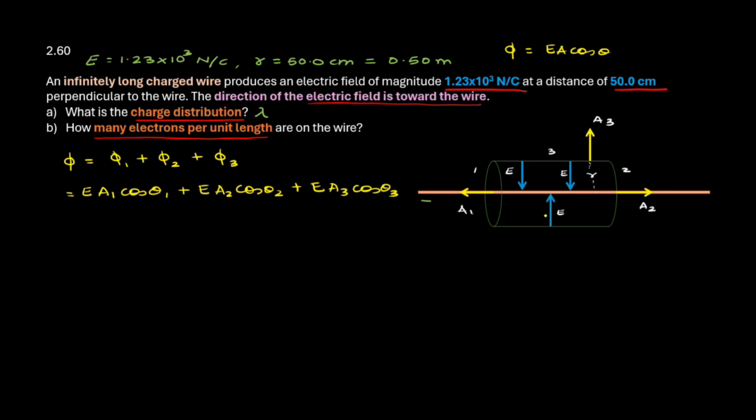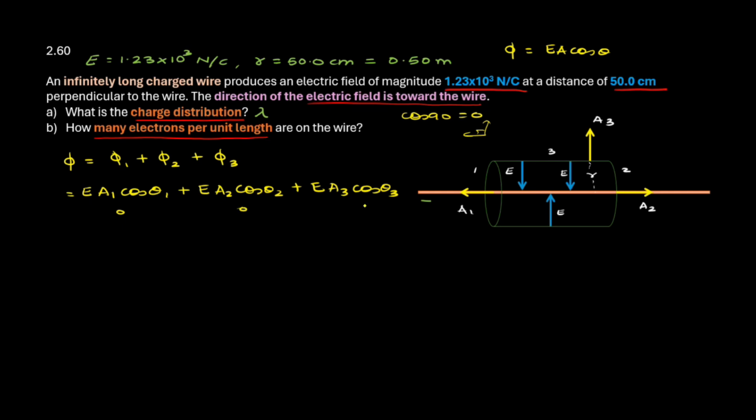Now, if you look at the figure, area 1 and area 2 are perpendicular to the electric field, because my electric field is along the y-axis pointing towards the wire, whereas both area vectors are along the x-axis. So they form an angle of 90 degree between them, and we know that cosine 90 is equal to 0. So flux through surface 1 and surface 2 will come out to be 0.